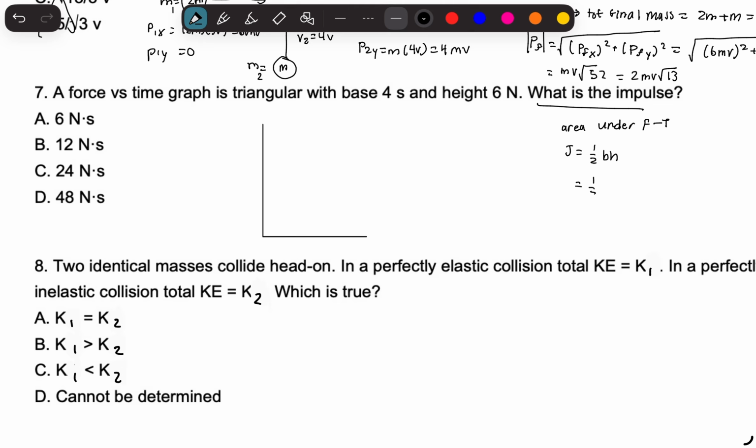That's equal to 1/2 of 4. Your time is going to be in seconds, and your height is going to be your force, which is in newtons. So that's going to be 4 times your 6, which is going to be 12 newtons. You just multiply that by the unit of seconds. So that's 12 newtons times seconds.